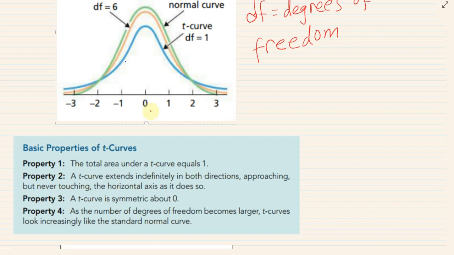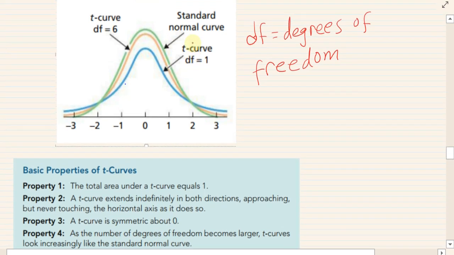It is possible for a T distribution to be centered other than 0, but in this course, all our T distributions are centered at 0. It is symmetric. Mean, median, mode are the same, and 50% of the area is to the right, 50% to the left, just like the normal was. Now, as the degrees of freedom increase, the T curve becomes just like a standard normal curve.